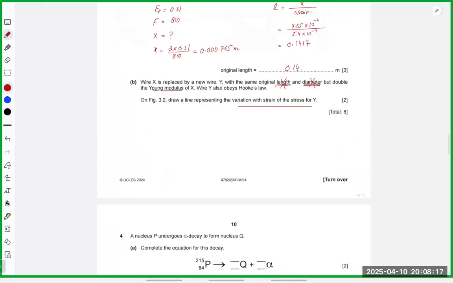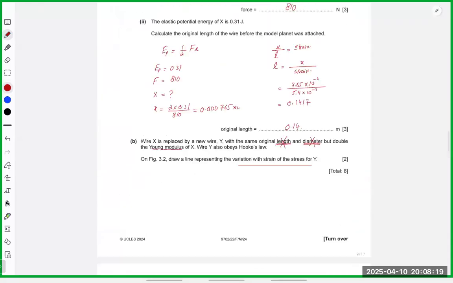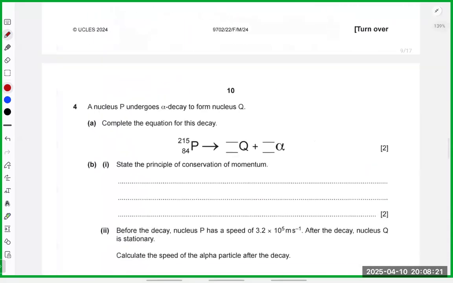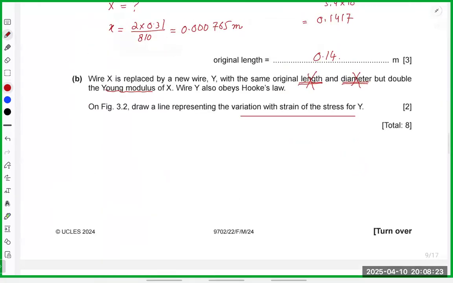Now moving on. This question is done. If only the last part is given without the whole question, the last part is completely independent of the whole question. If I tell you there is a stress and strain graph without even values, here we have stress and strain.